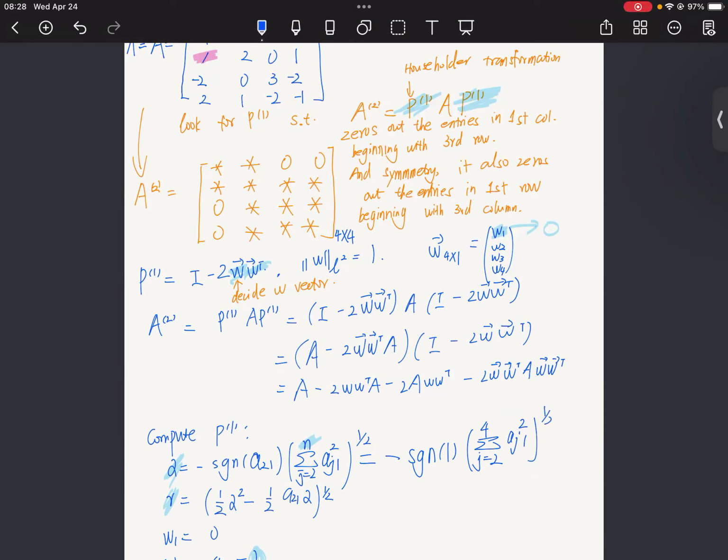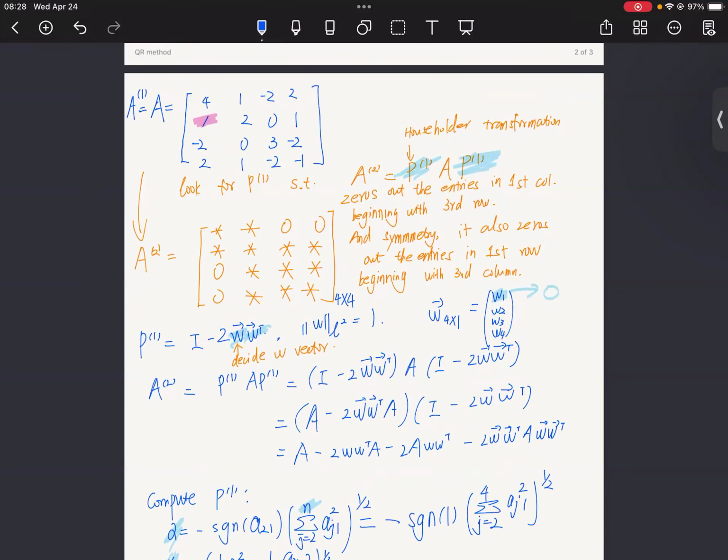And then doing the square root. What is aj1? aj1 is the first column, all the things in the first column from the second component here. This one, this one, this one.